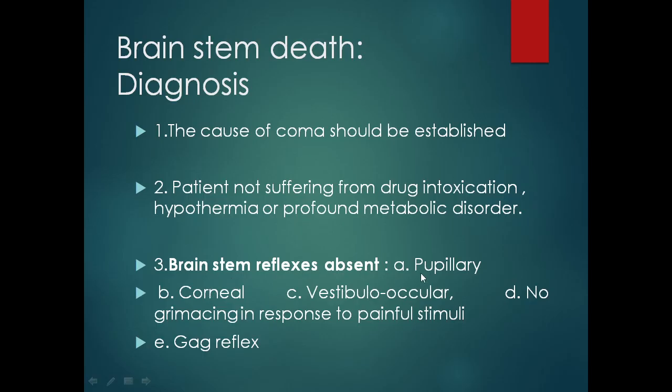Brainstem reflexes are absent. What are brainstem reflexes? Brainstem reflexes are pupillary reflex, corneal reflex, vestibulo-ocular reflex, grimacing reflex and gag reflex. What is pupillary reflex? I will just give a passing remark. You throw light on the eye laterally and you will find the pupils constrict. Then corneal reflex: touch cotton wool and you will find blinking of the eye.